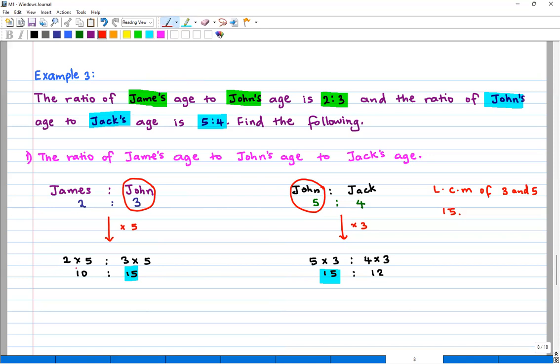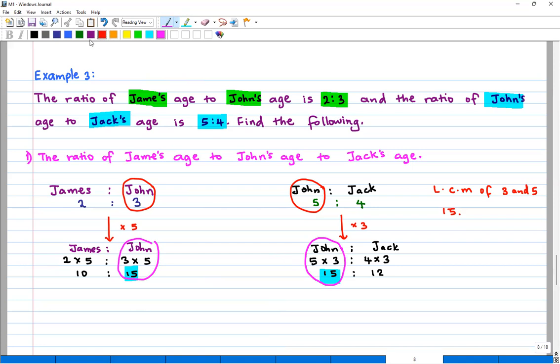Don't forget that this 10 is for James, and the 15 is for John. Then this 15 is for John, and this 12 is for Jack. Now you see that we are having John as 15, and again here, John as 15.